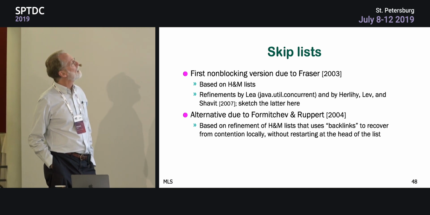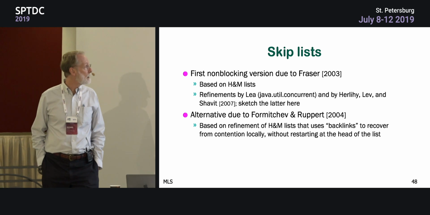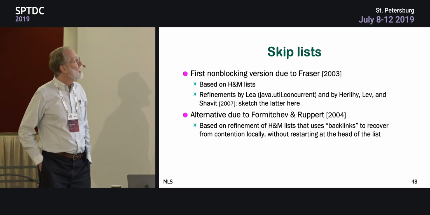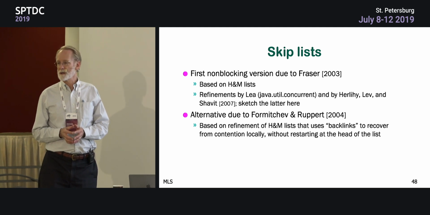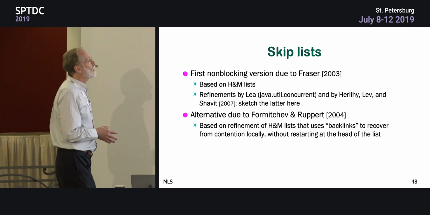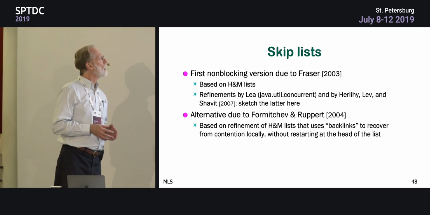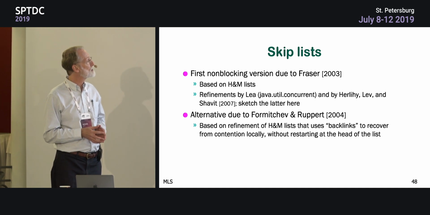And it's a skip list that's based on the Harris-Michael singly linked non-blocking lists. A version of this was worked on by Doug Lea, who's the principal architect of the Java Util Concurrent libraries. And so an updated version of Fraser's skip list is in the Java Standard Library in Doug Lea's version.